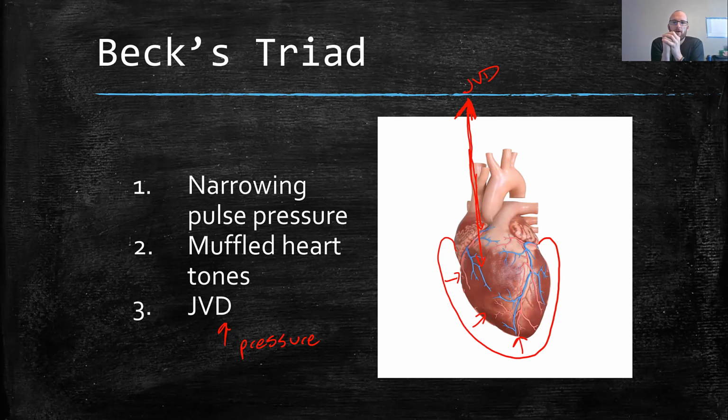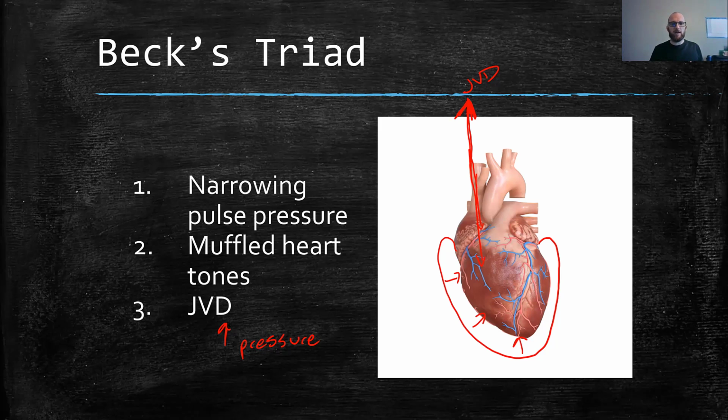So if the entire heart is just constricted and it's not able to open up much and contract much, right? Instead of big, nice, good contractions, now it's just open, close, open, close. It's a lot weaker of a contraction. There's not as much force there because of all that pressure that's being pushed on it. So now instead of the valves really opening and snapping shut, they're opening and just being compressed.